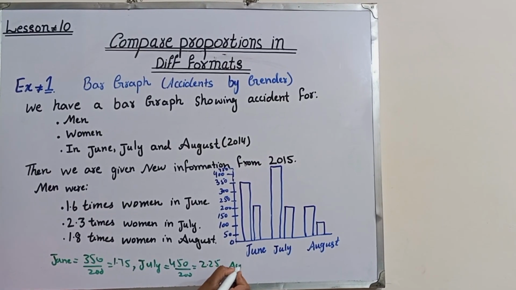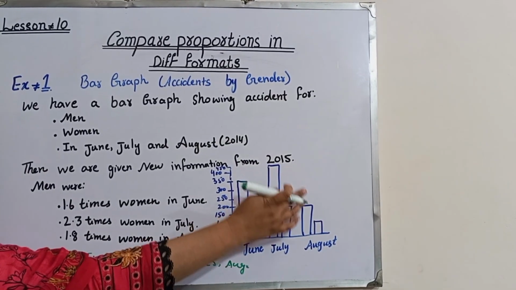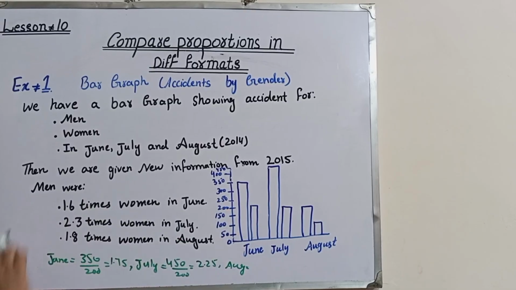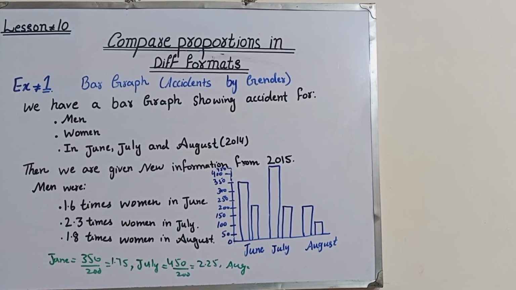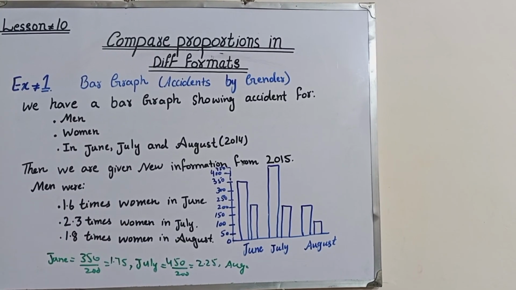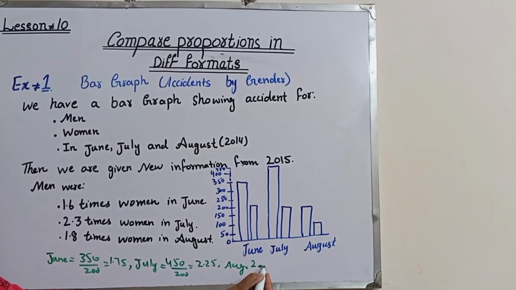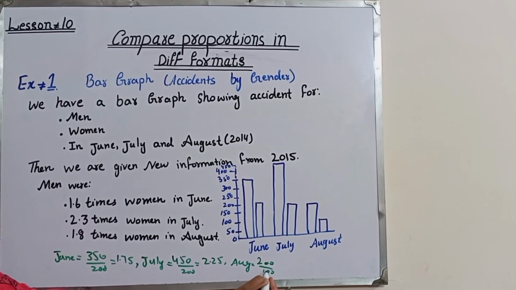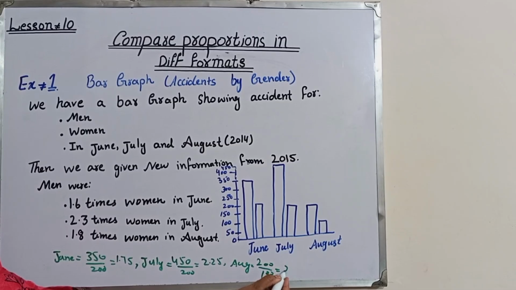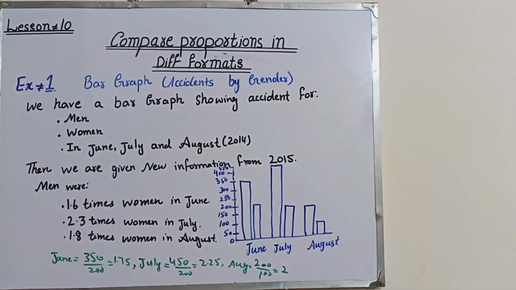Now in August, 200 and 100. When we divide them, our answer will be 2.